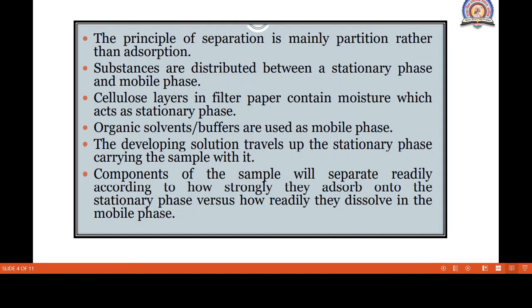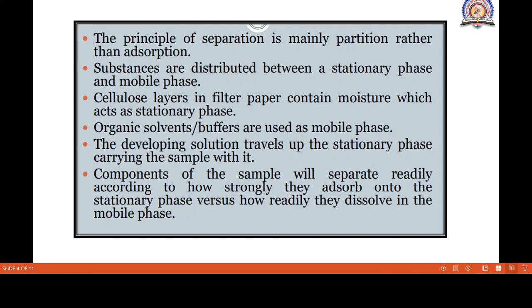So here the principle of separation is mainly partition rather than adsorption. Okay, the substances are distributed between a stationary phase and the mobile phase. So the cellulose layer in filter paper contains moisture which acts as a stationary phase, or simply we say that the paper acts as a stationary phase, and the organic solvent buffer is used as a mobile phase.